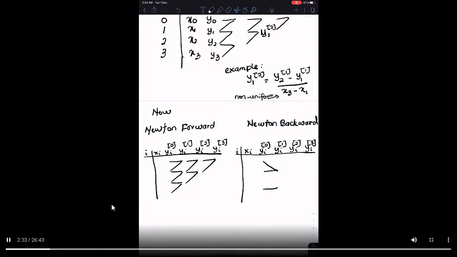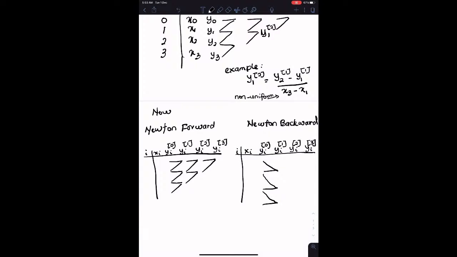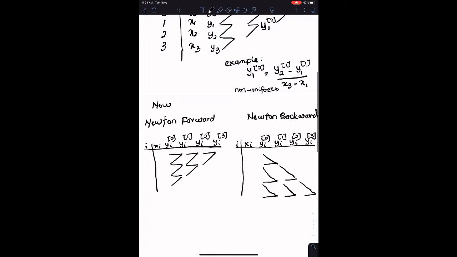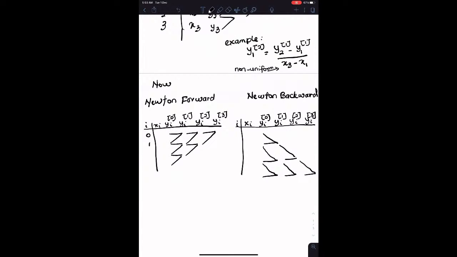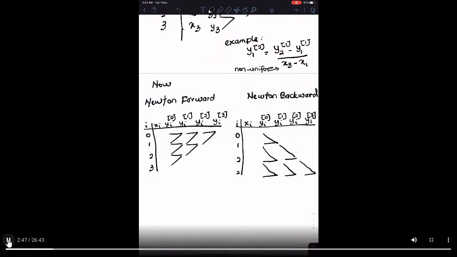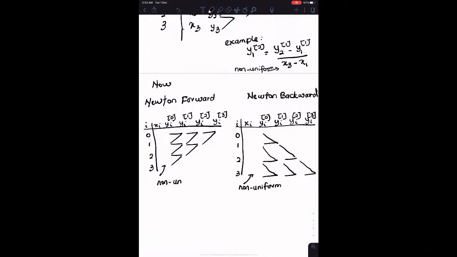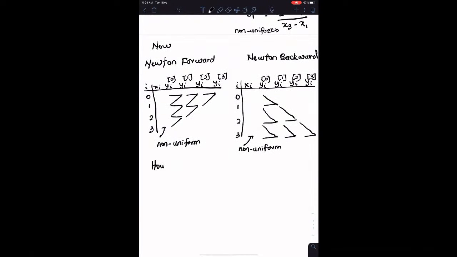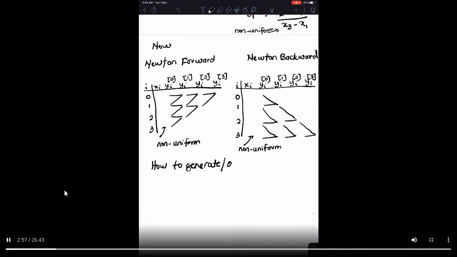For backward, the triangle you need to develop is backward down. You want to find y3,0, y3,1, y3,2, and y3,3, so n is 3. For forward you use y0,0, y0,1, y0,2, y0,3. 3 is the degree, the order.